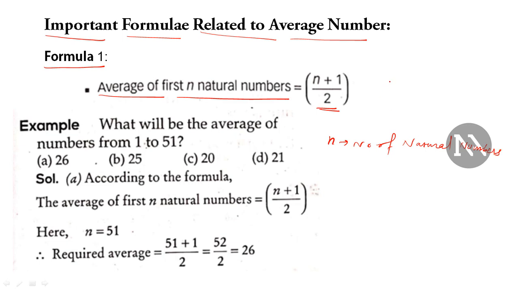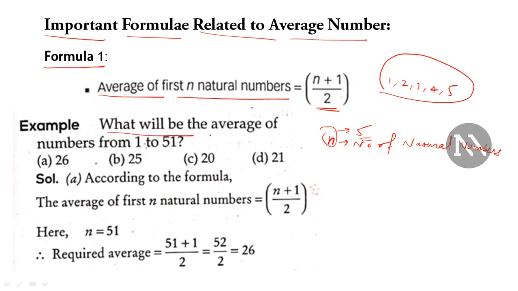Suppose I am going to find the average for 1, 2, 3, 4, 5. These are the natural numbers. For these 5 numbers, n will be equal to 5. Here we will use this formula in the following example.